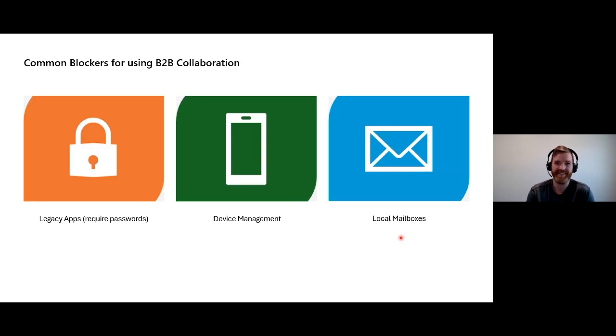From a consumer perspective, it'd be very strange if I think I'm talking to my bank, but I see an Outlook.com or Gmail.com email in these communications. That would be a red flag for me personally. And because Exchange does not yet support any kind of inboxes for B2B guests, this again falls into the scenario where I need to create a local account in order to provision a mailbox.